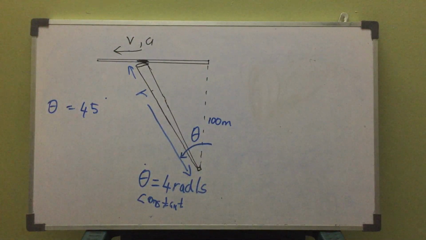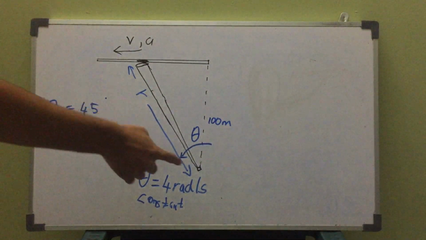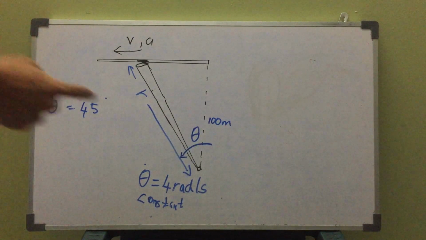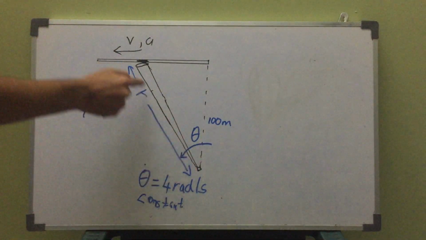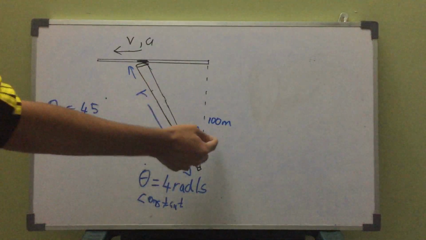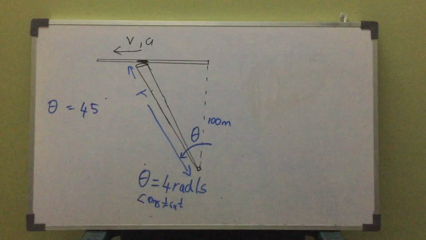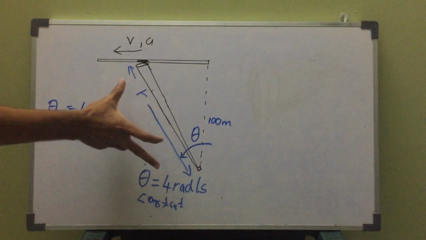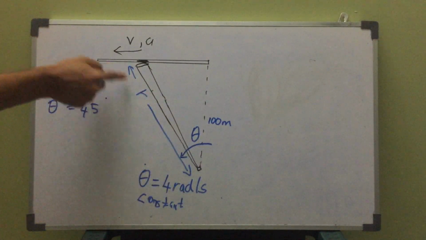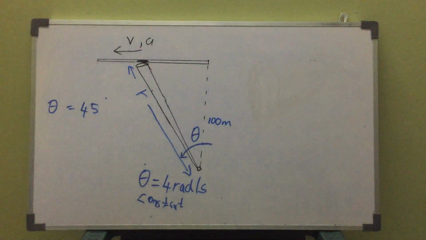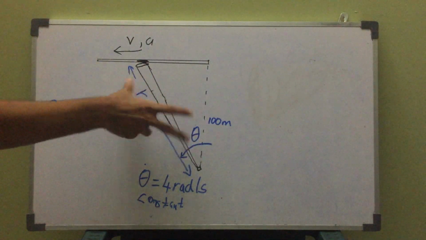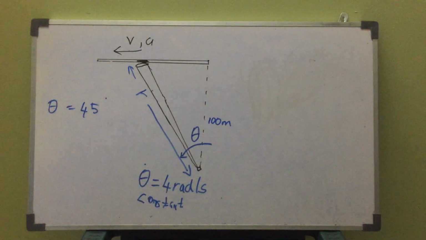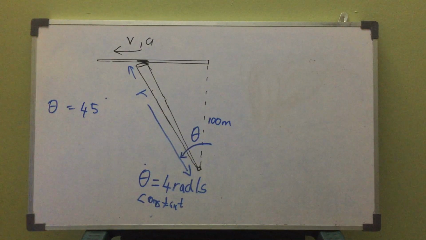The next step, I'm recalling the theory: when there's a point O with a radius r, rotating through theta while the radius is also increasing, we don't know at what speed it's going to increase, but we can use the 4 main equations.